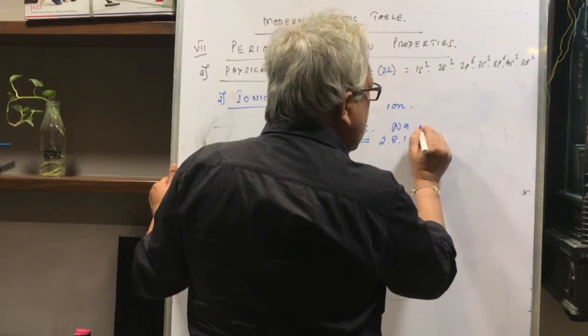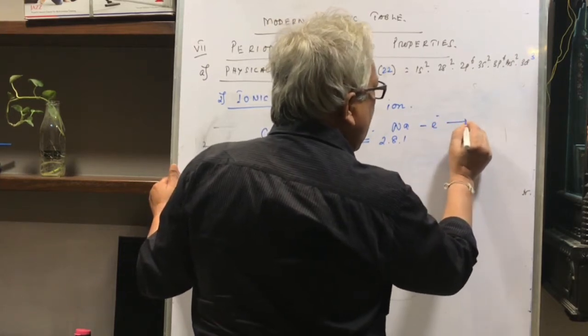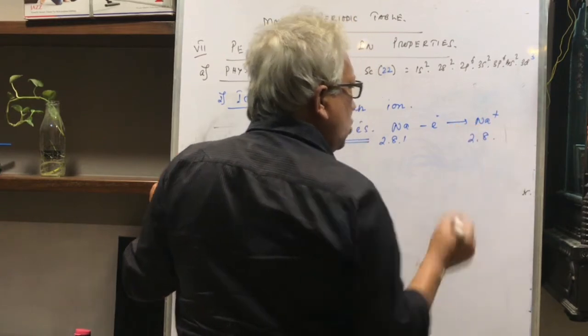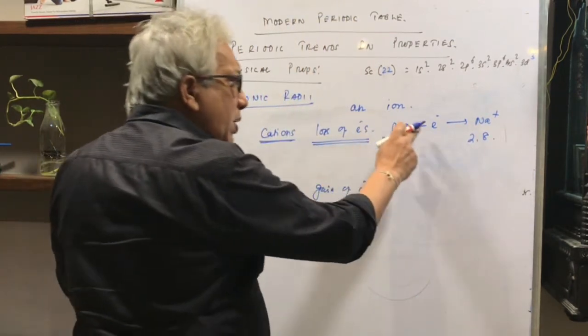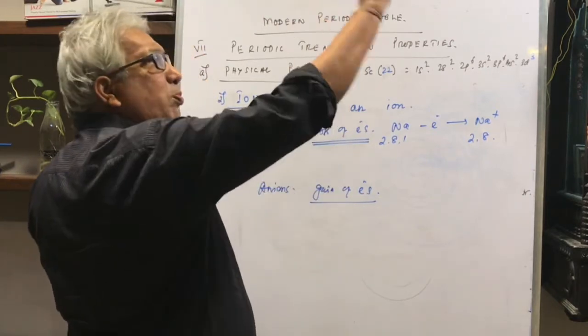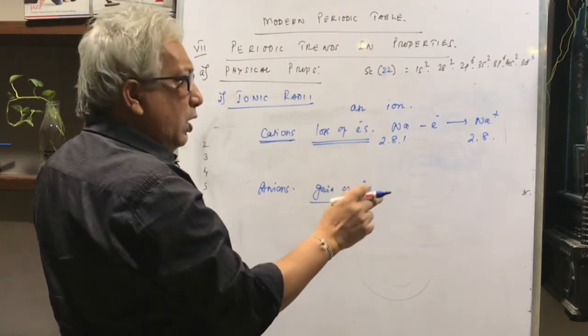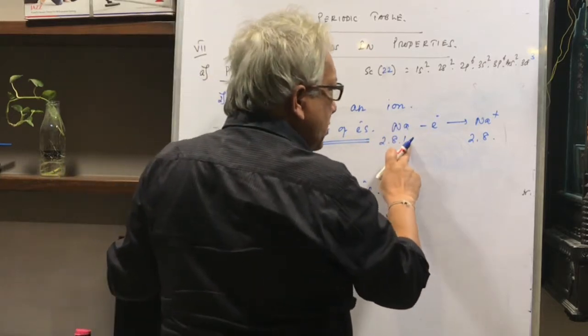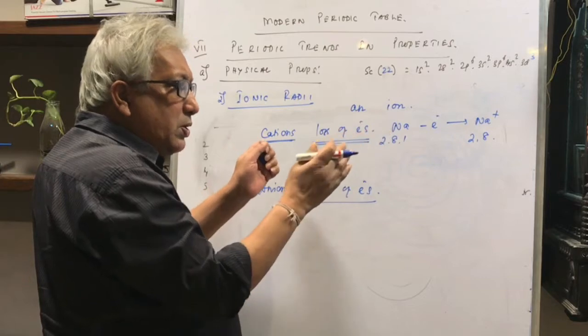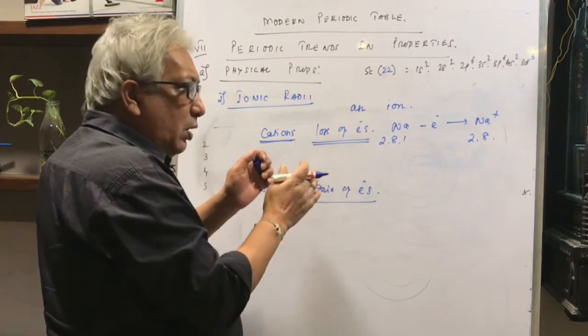Now it loses an electron, so it becomes Na plus. The moment it becomes Na plus, its configuration becomes 2, 8. So the moment it has lost that electron, the outer third shell is totally removed. It is no more the third shell that is outermost, it is the second shell, and therefore there is a tremendous decrease in the ionic radius.